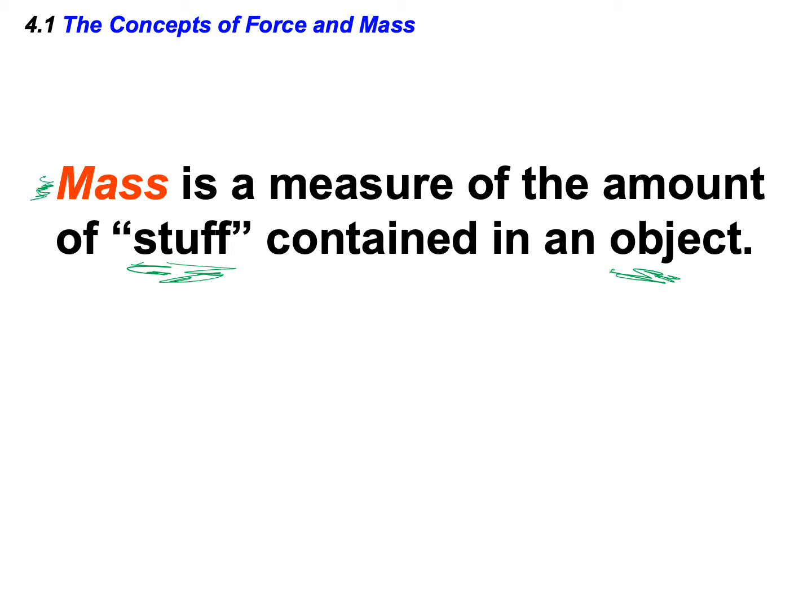So mass is just a number like 10 kilograms. It has a magnitude and a unit, but there's no direction. Therefore mass falls into a scalar. There's no direction. The amount of stuff of an object, we call it mass.